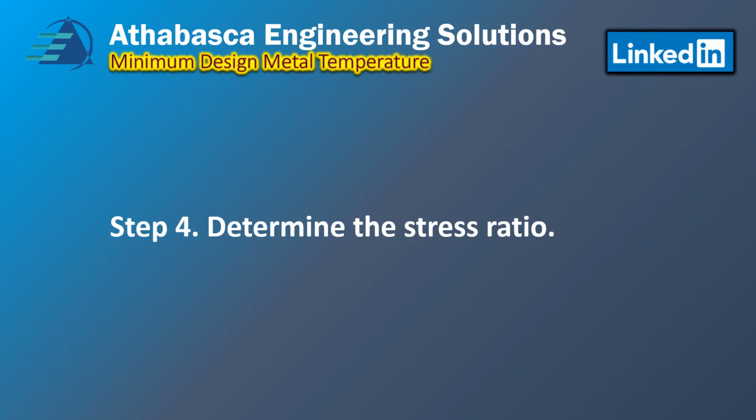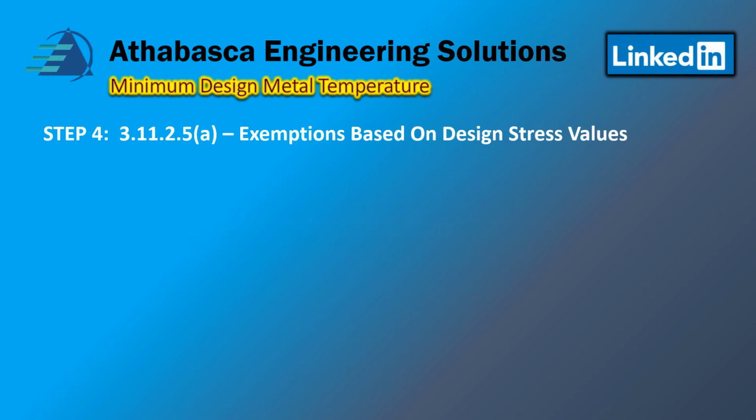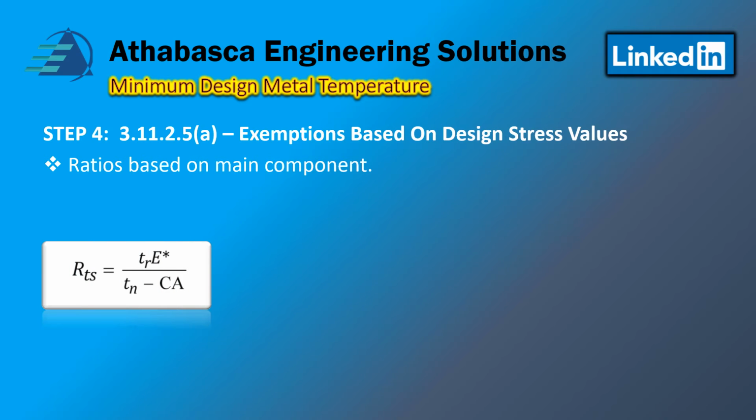And now we're going to continue onwards to step 4, which is determine the stress ratio. The ratios are based on the main component, and we have a number of different options.